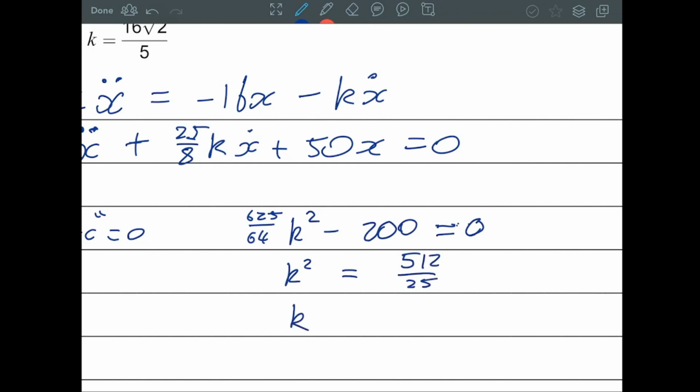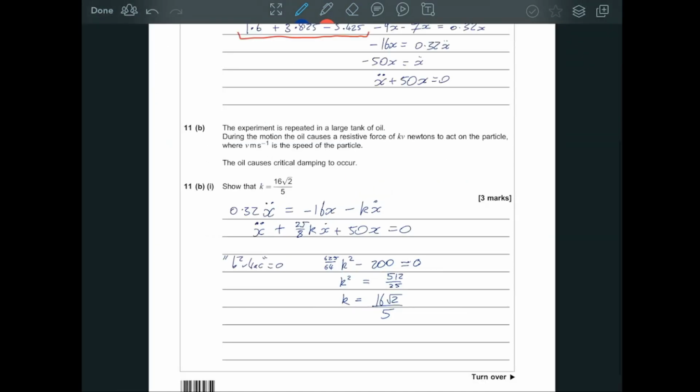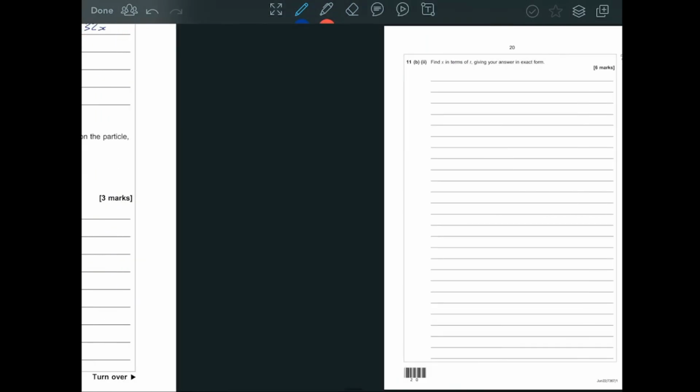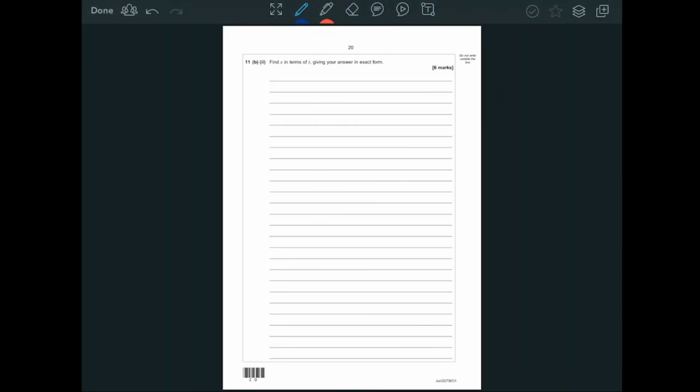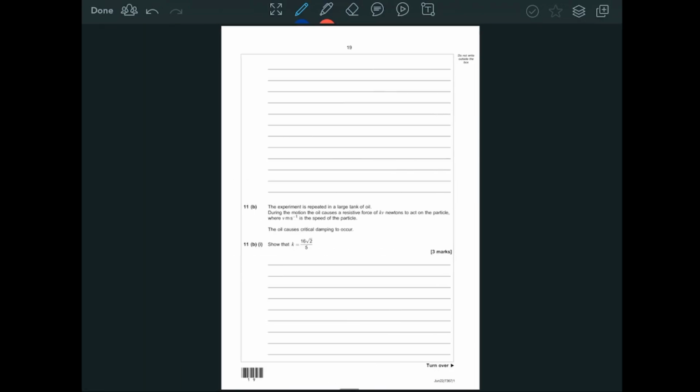This is making it look a lot happier. And if we square root that, we get exactly what we want. So you do have to go back just a little bit further to put in that damping term rather than cheating too hard. Okay, find x in terms of t, giving your answer in exact form.